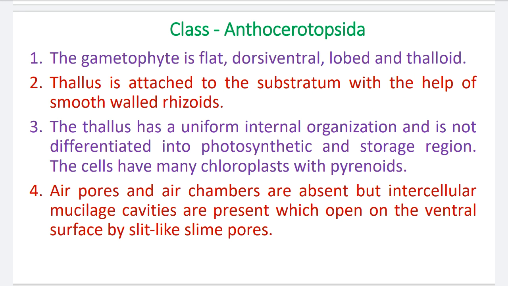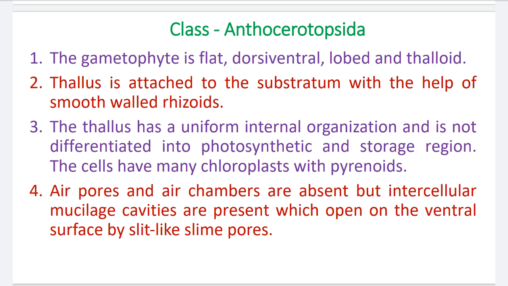Number 4, air pores toward the dorsal side. In Hepaticopsida, air pores are there, but here in the case of Anthocerotopsida, air pores and air chambers are absent. Okay, but intercellular mucilage cavities are present, which open on the ventral surface by slit-like slime pores.